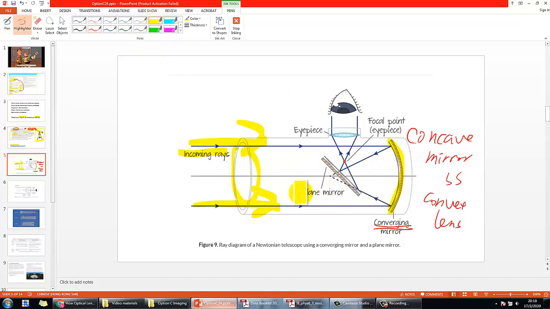And there is a plane mirror which is at 45 degrees to this line. That basically means it is 45 degrees along the principal axis, and it just redirects the light by 90 degrees, and then that goes to your eyepiece. So the basic thing is, here you can see the eye looking at the image is at the side.